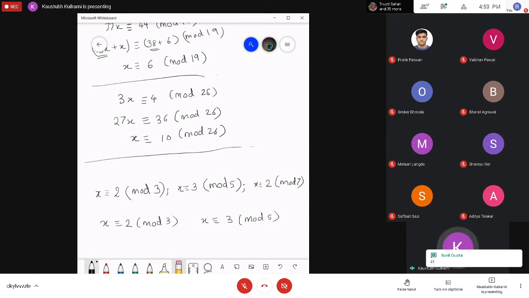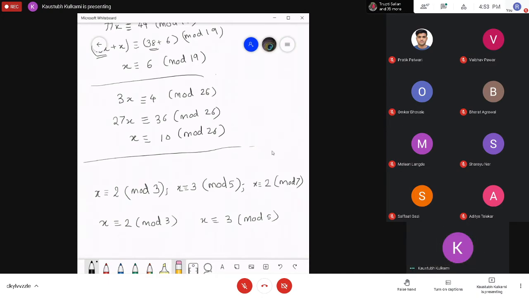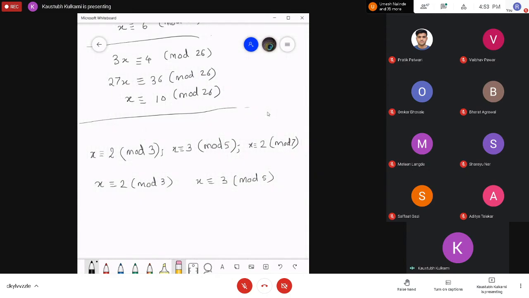So start by making a list of numbers that leave a remainder of 3 when divided by 5. 3 is one of them. 8 is one of them.